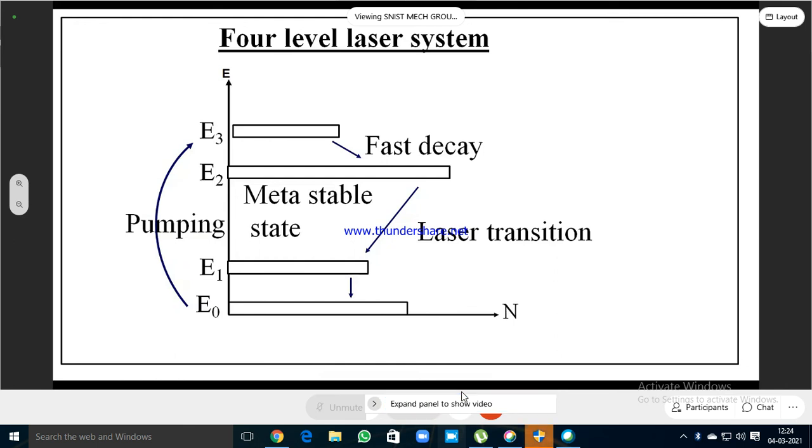Everything is there: fast decay, metastable state, laser transition, and E1 to E0. Okay, so draw this diagram, the four level laser system.